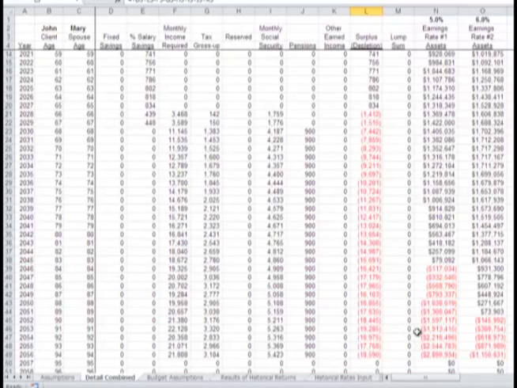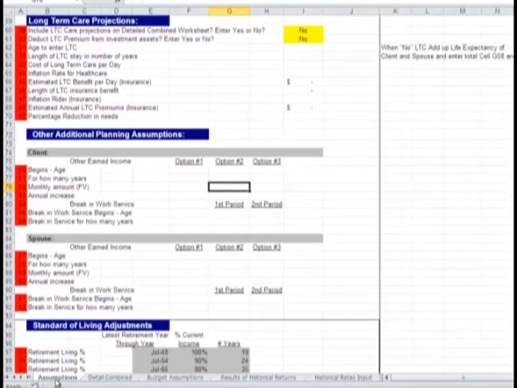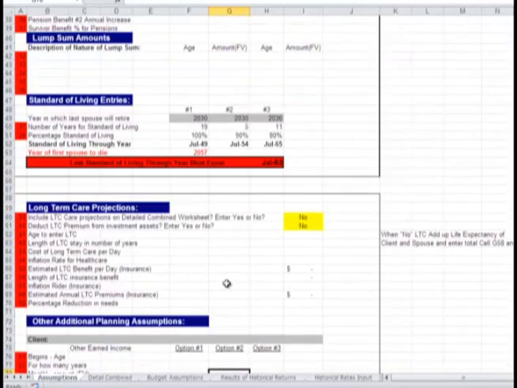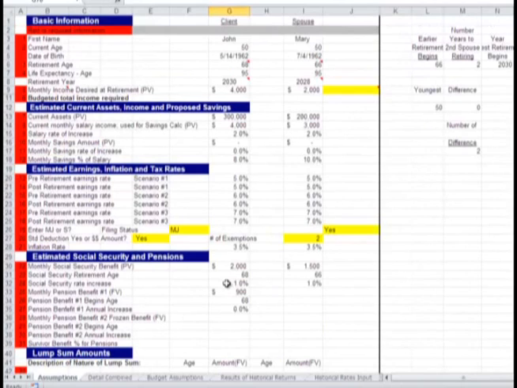Let's say John and Mary are uncomfortable with these results and don't want to see any red, even in the 5% scenario. So we'll have to go back and make some changes in our assumptions. Let's say that John doesn't need to live off $4,000 per month. He can live off $3,000 per month. Let's also say that instead of 8% in his 401k, he can save a little more, so we'll bump that up to 12%.